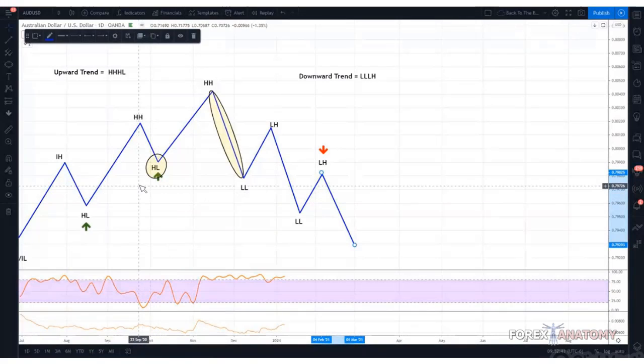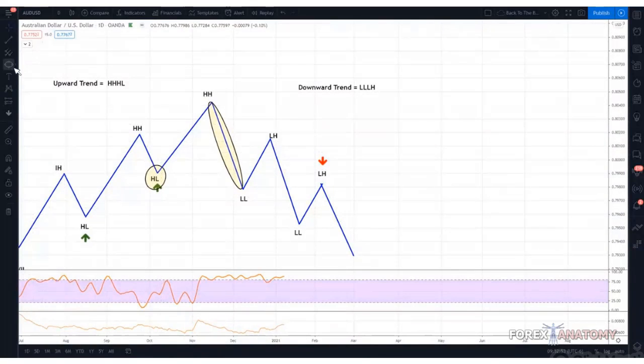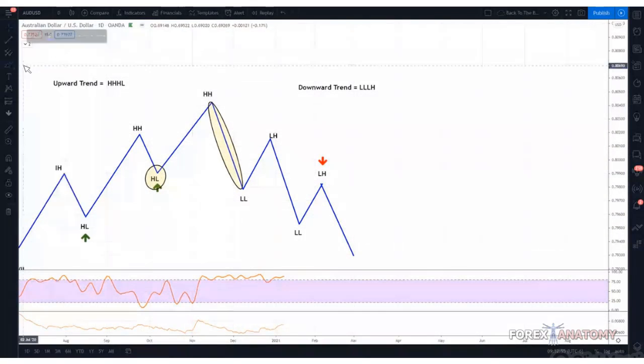But what pattern is forming right here that we've talked about in some of our live trading sessions? It's a classical chart pattern. Let me just mark this in.